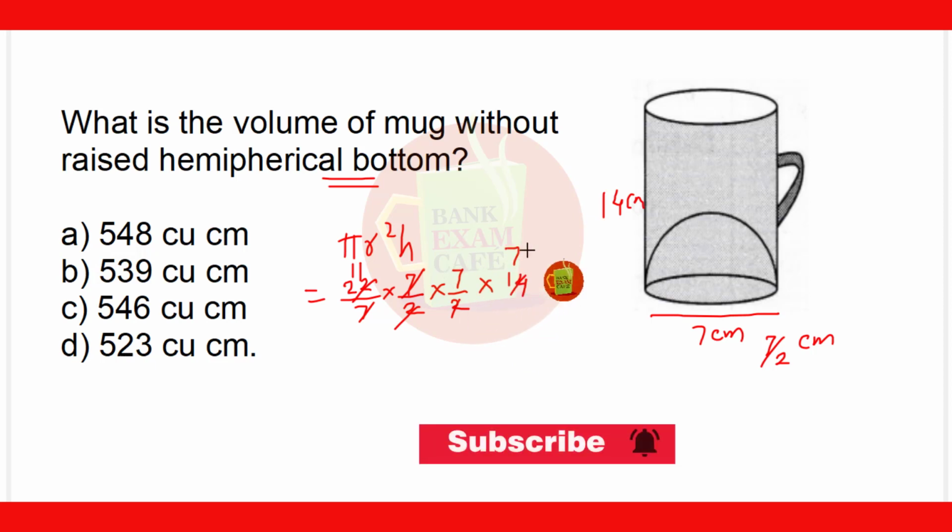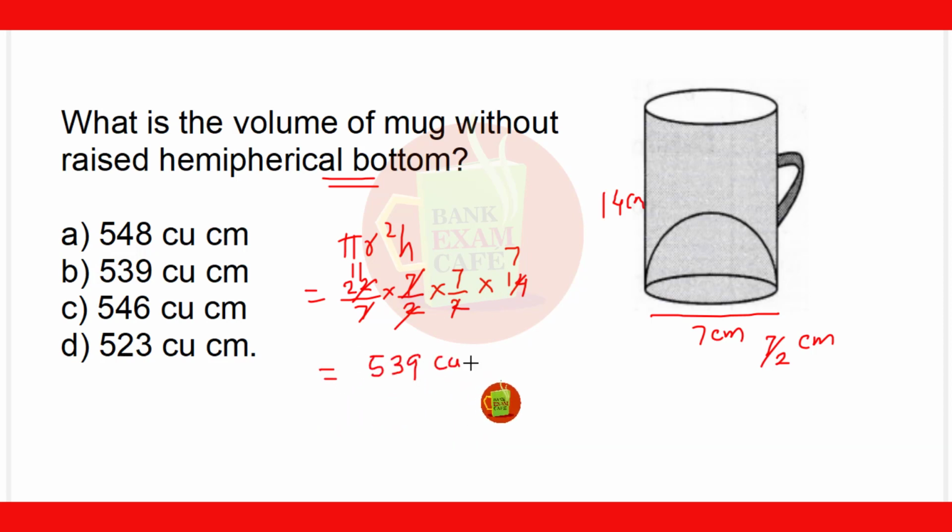So it will be 7 7s are 49 into 11, that is equal to 539 cubic centimeter. So friends, here the B option will be the correct option, that is 539 cubic centimeter is the volume of the mug without this raised portion.